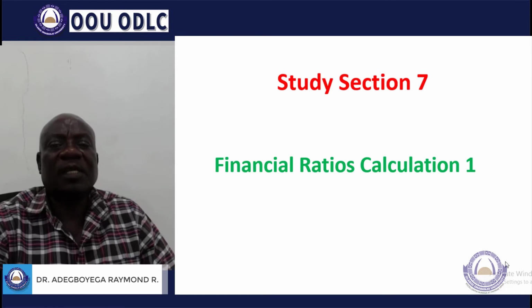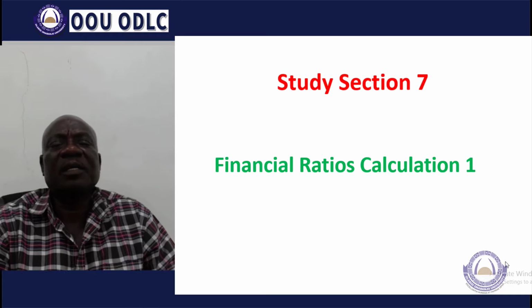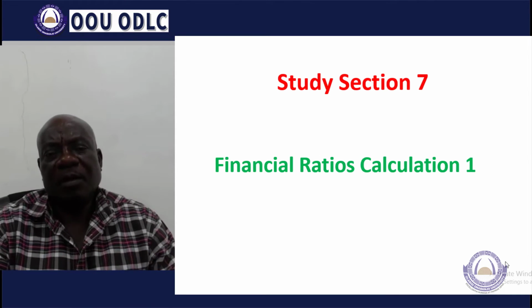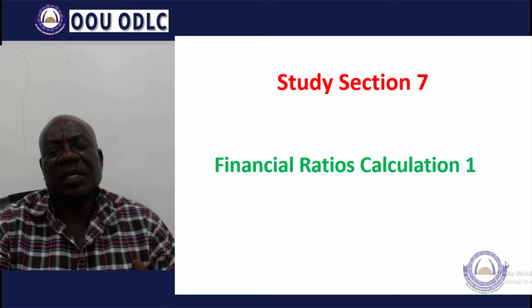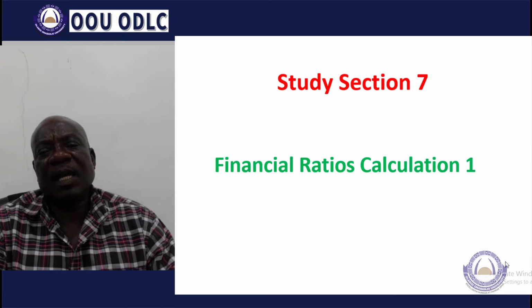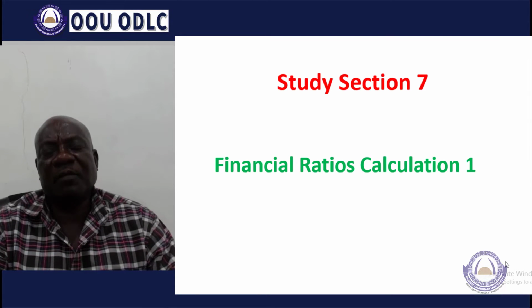In study section 6, we looked at financial ratios generally and at various aspects of how they can be used. We saw that financial ratios can be in decimal form or percentage.